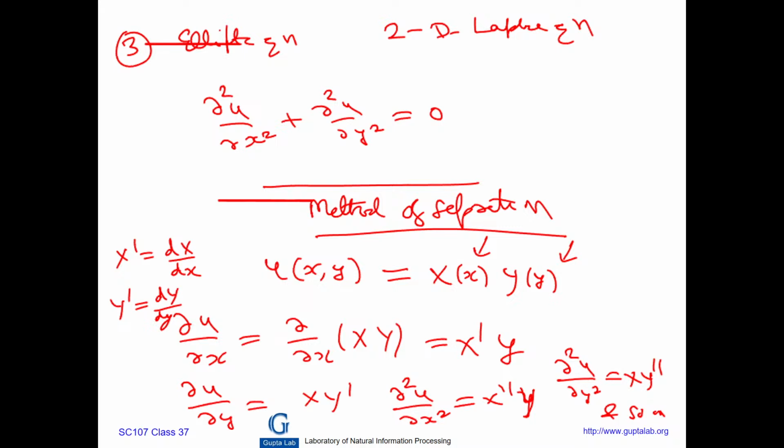So let me start with one example, okay, and then let us see how it goes. Okay, so suppose I ask you to solve del square u over del x square is equal to 16 del u over del y.